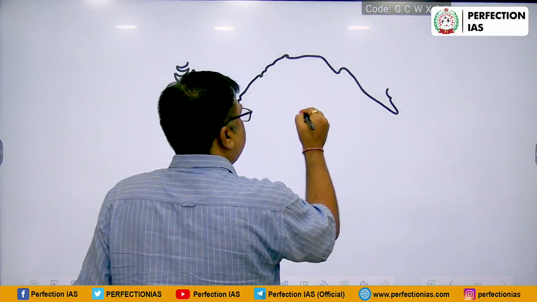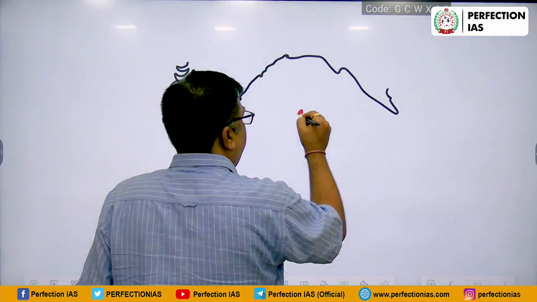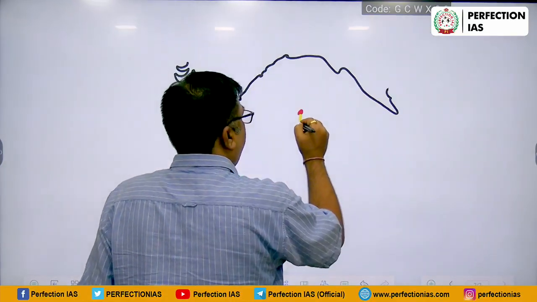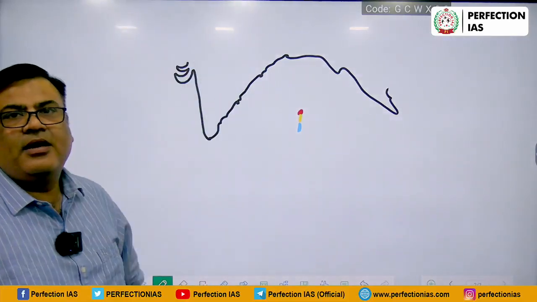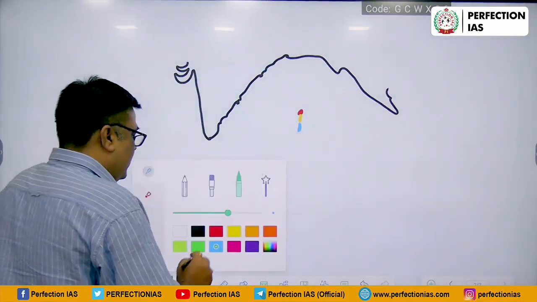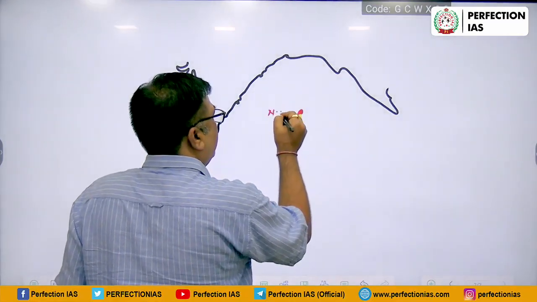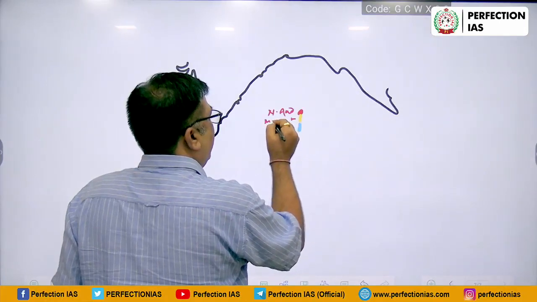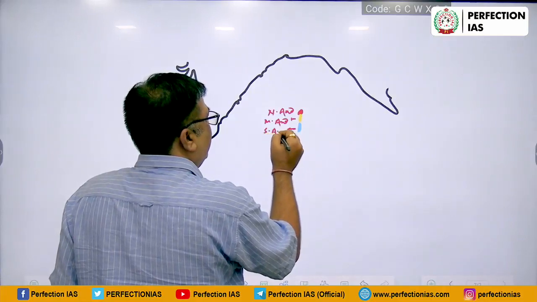Then always use a map. Fine, always you use a map. So this map part will always help you in developing a better understanding. Like the 3 dots I drew here: the northernmost part is Northern Andaman, this one is Middle Andaman, and this one is Southern Andaman.